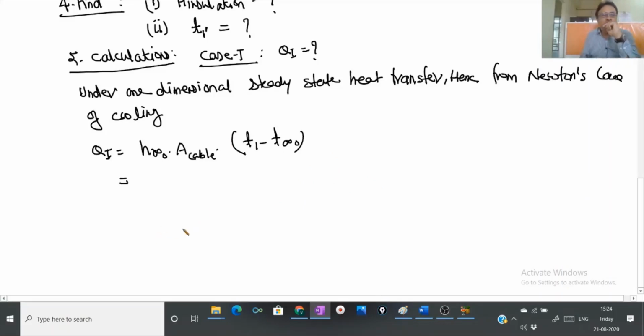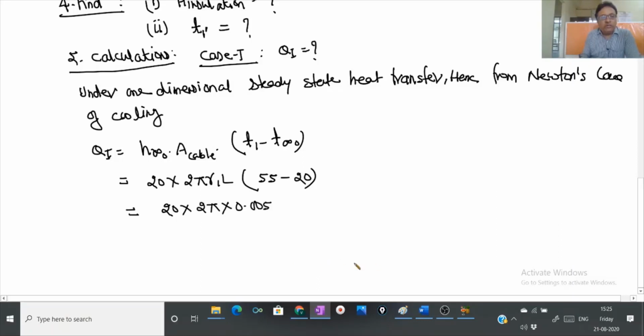Now the value of h infinity O is given as 20. Area of electrical cable will be 2 pi R1 L. T1 is 55 and T infinity O is 20. 20 into 2 pi R1, which is 0.005, and this will be Q1 over L, into 55 minus 20, which is 35.